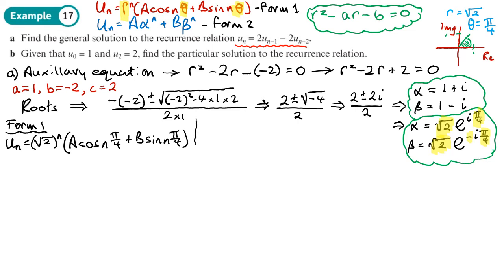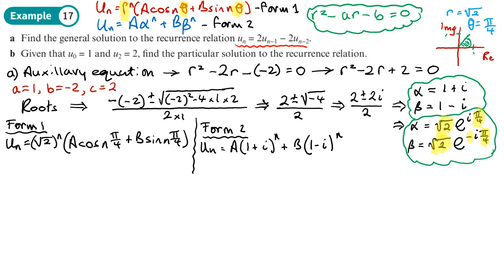And then form 2, we'll use the a plus bi form, and that will be un equals a, and then our first root is 1 plus i to the power n, plus b, and then 1 minus i to the power n.